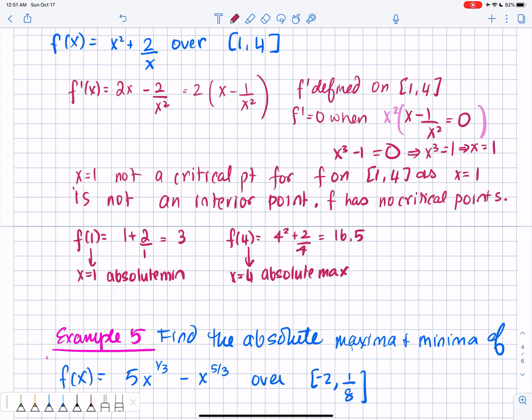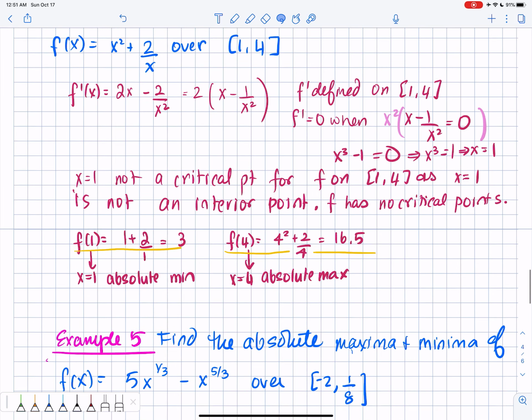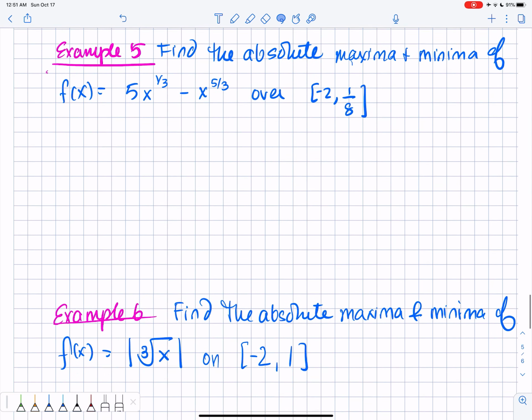So basically, in the end, what you had to do is look at all the values of the function at the critical points as well as the endpoints, and then compare them. Whatever's the very biggest is the absolute max, and whatever's the very smallest is the absolute min. All right, next question.